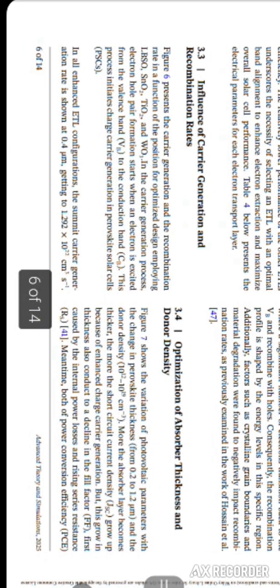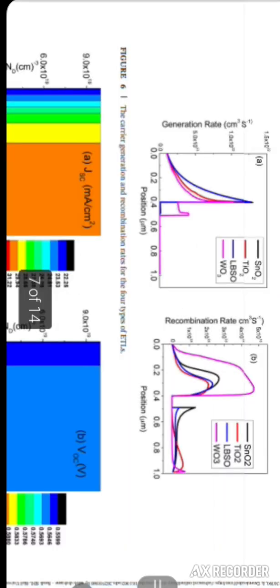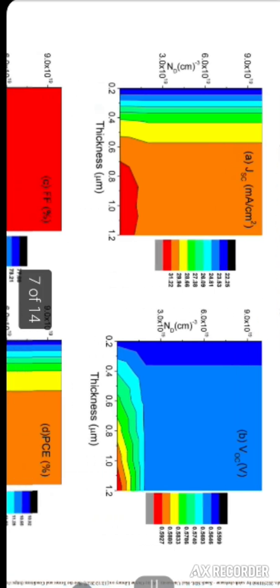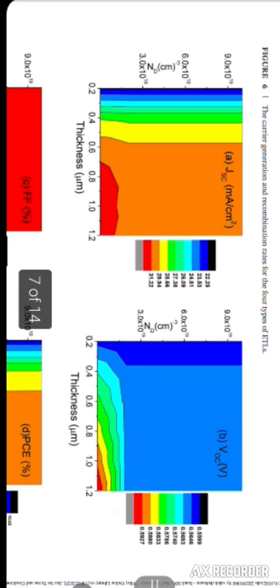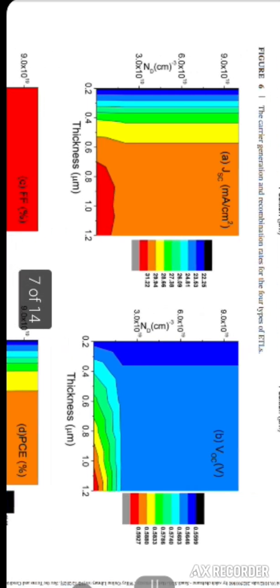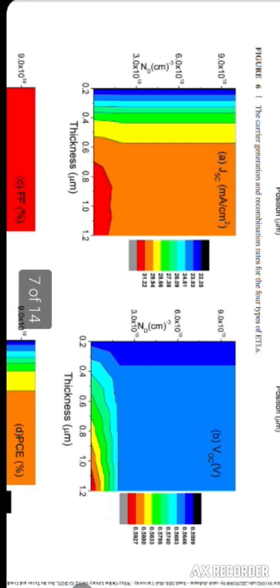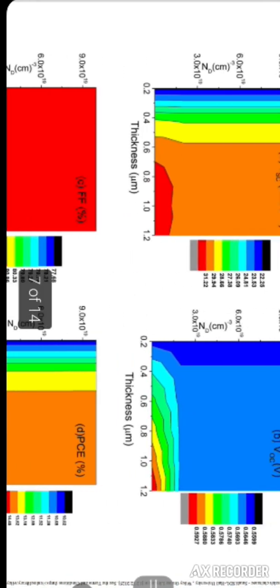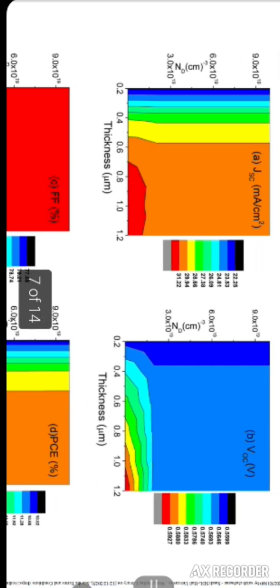Then they optimized the absorber layer thickness and donor density. They study the donor density or the doping density with thickness as a contour plot with perovskite thickness. So we found that as perovskite thickness increases, the J short circuit increases, especially with a very low amount of doping density.